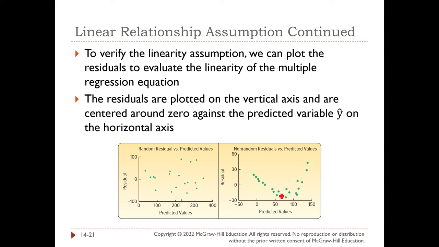The points are scattered, there is no obvious pattern, and there are both positive and negative values. Therefore, there is no reason to doubt the linearity assumption. The points in the plot on the right are non-random. This is not a random pattern, which shows the relationship is probably non-linear. I got a U-shape going on there.